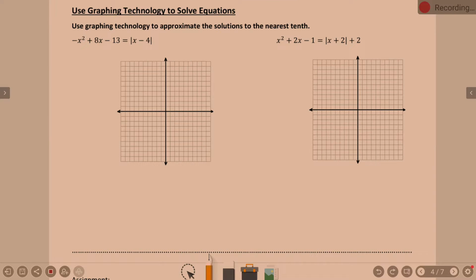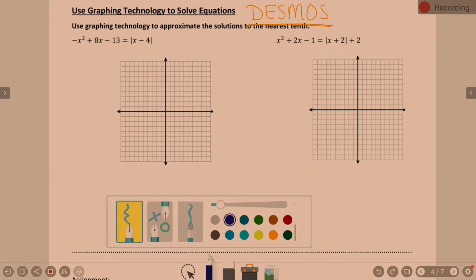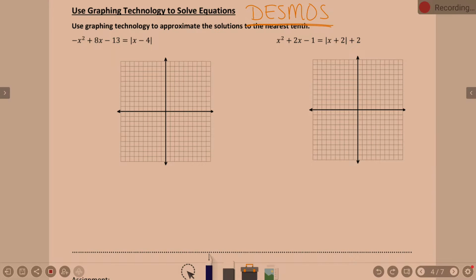Okay. Get your iPads out. Because what's it say to use? Graphing technology. Desmos. Okay. Grab Desmos on your iPad. Now, as you go to Desmos, what are the equations you're going to be typing in, do you think?